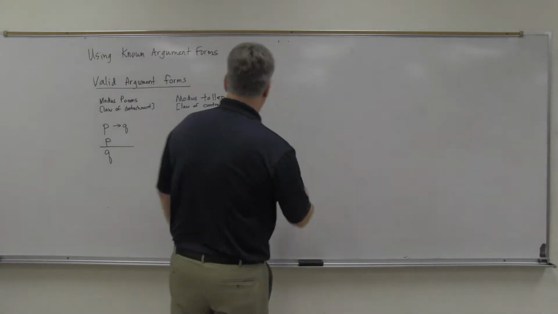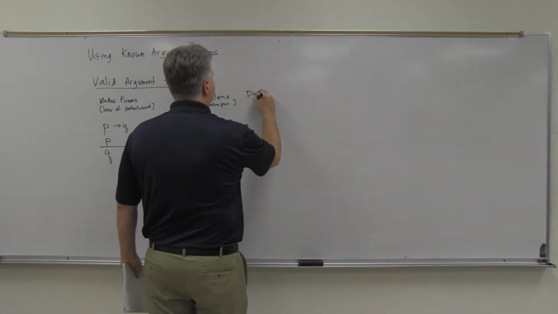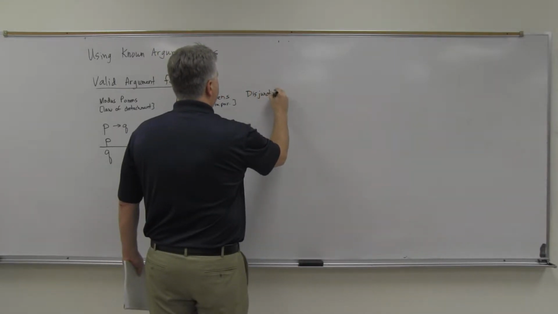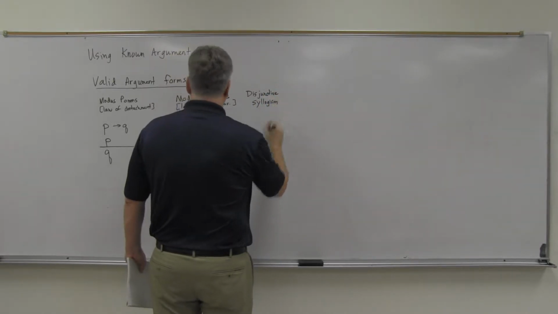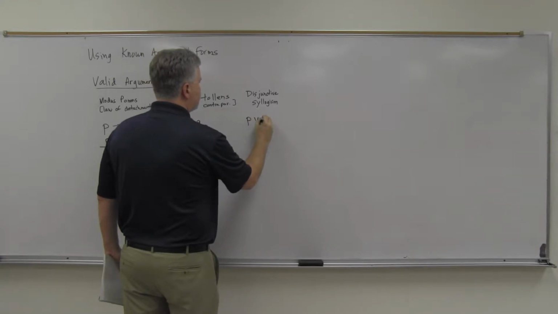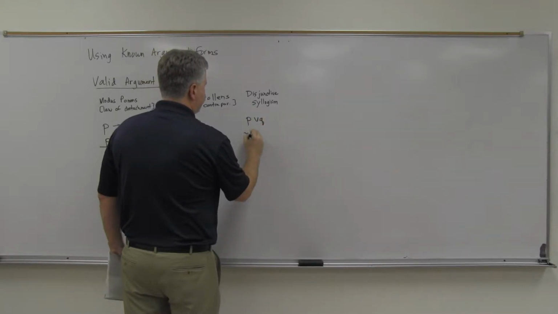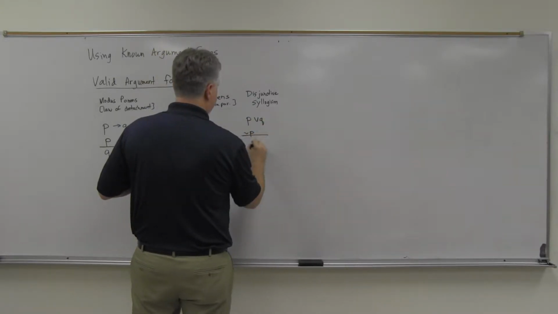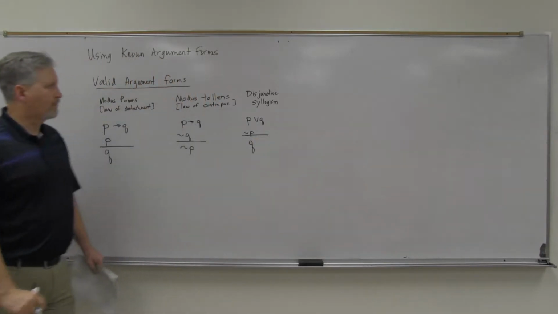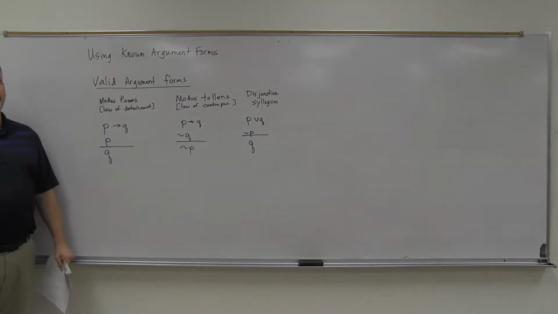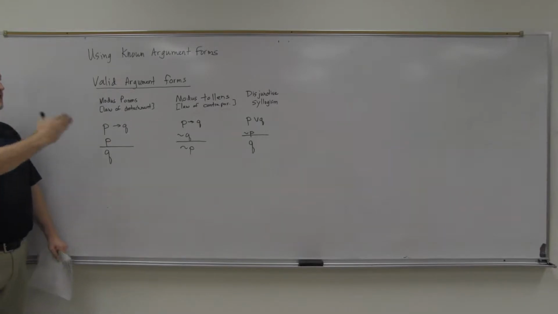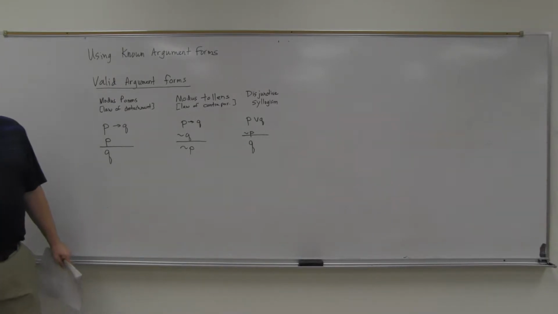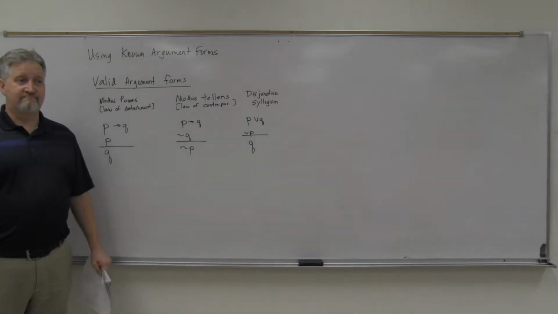All right, then we have the disjunctive syllogism. P or Q, not P, therefore Q. So that's a third type of argument form that's valid, called the disjunctive syllogism. Now, do you recognize that one?